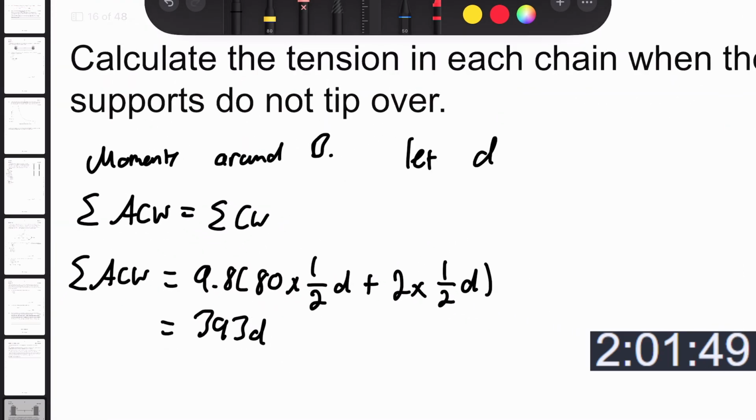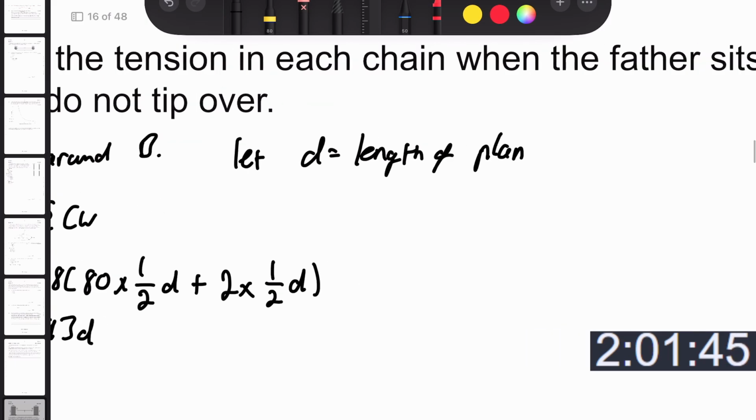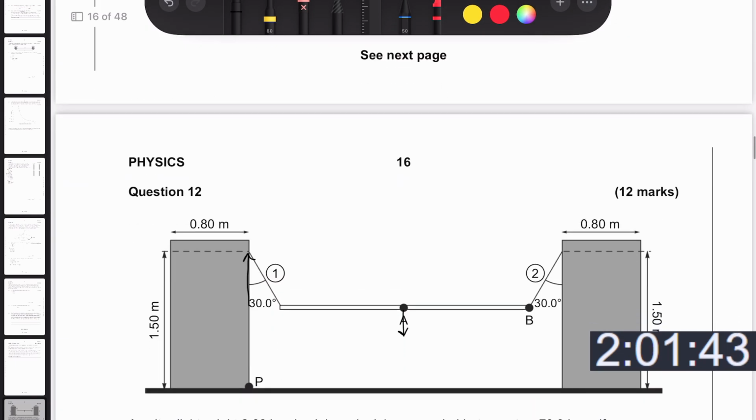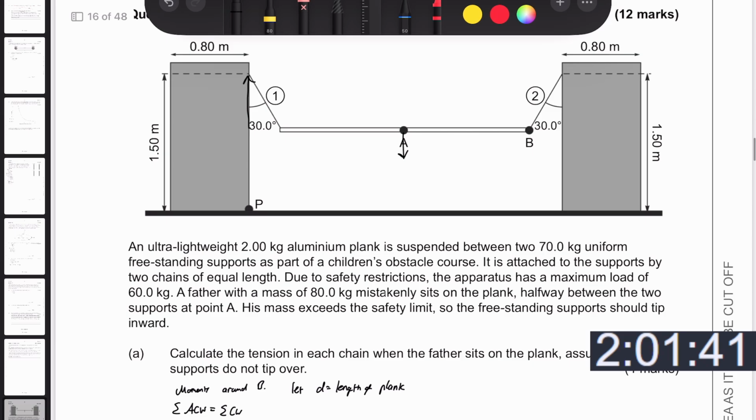Let D equal length of plank. It doesn't actually look like there's a solid length of the plank here.